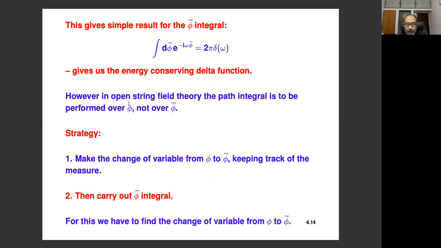So you have to somehow convert the integration over phi into integration over phi tilde, and then you can apply this. So the strategy will be that you will have to make a change of variable from phi to phi tilde, keeping track of the measure of integration, and then carry out the phi tilde integral. But in that process of changing variable, you may pick up some Jacobian in the integration, and that Jacobian has to be taken into account because that will be part of the path integral. Is this clear? Are there questions?